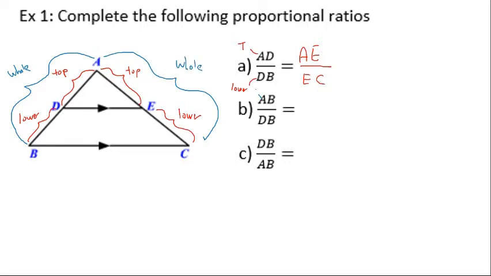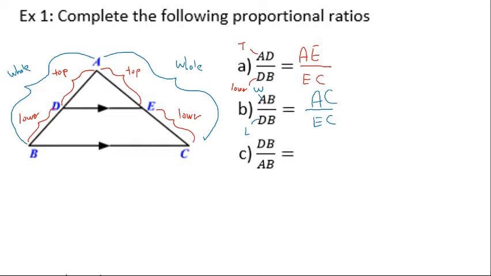So AB is the whole. And if I look where DB is at, DB is the lower part. So when I set this up, whole part goes with the whole part. So whole is AB, the other part's AC. DB is the lower part, so the lower part on the other side would be EC.